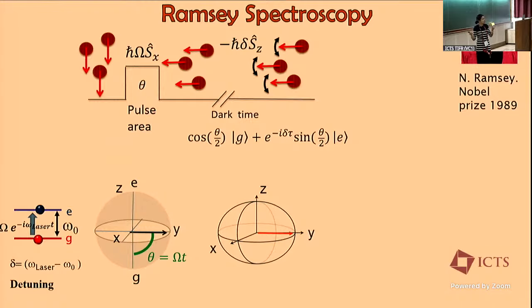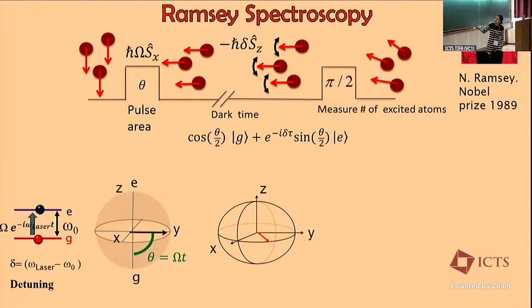And this phase is what we want to measure because it tells us how different the two frequencies are. We can visualize this phase as a rotation in the XY plane of the Bloch vector, and we can infer this frequency by applying a second pulse that transfers the phase accumulated into population.